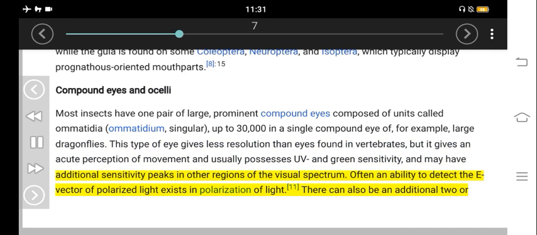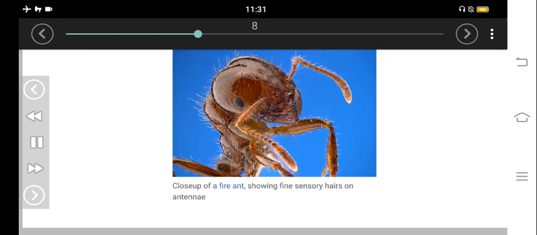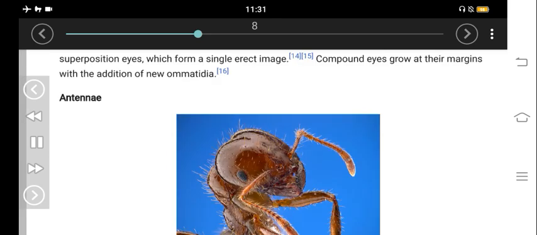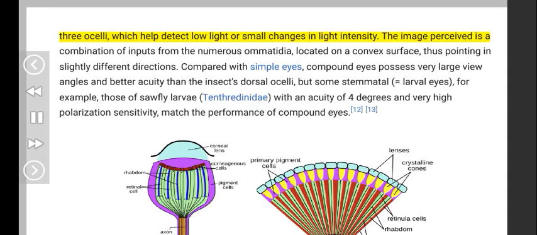Often an ability to detect the vector of polarized light exists. There can also be an additional 2 or 3 ocelli, which help detect low light or small changes in light intensity. The input is a combination of inputs from the numerous ommatidia, located on a convex surface, thus pointing in slightly different directions.